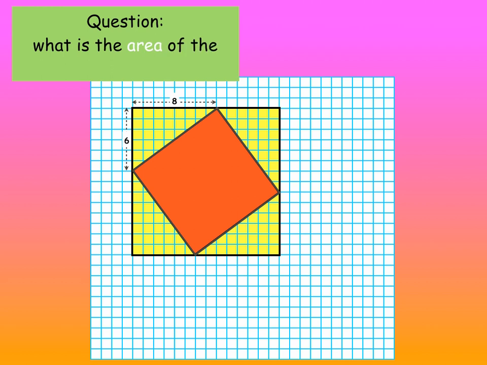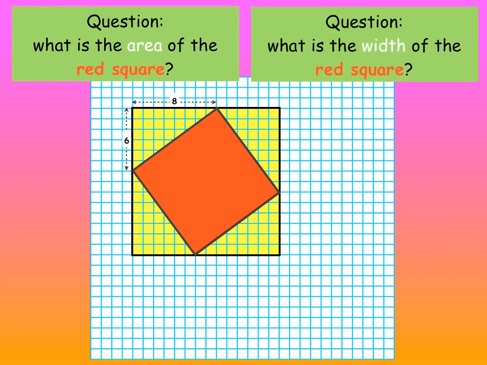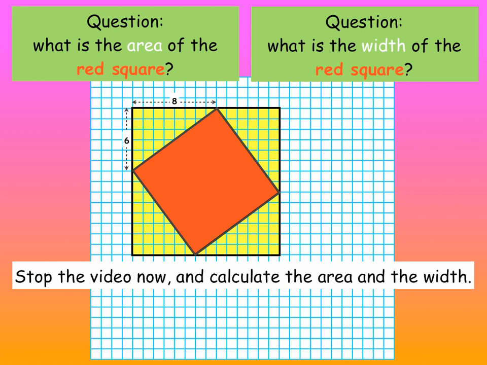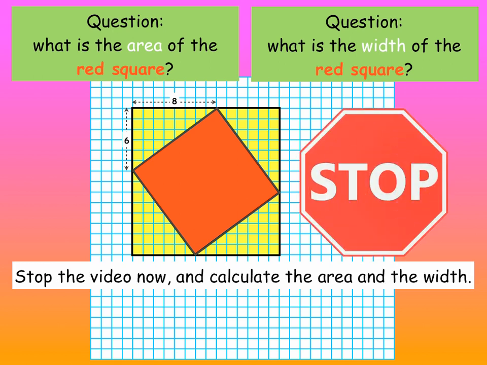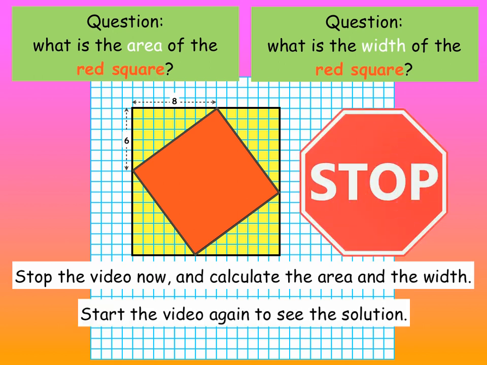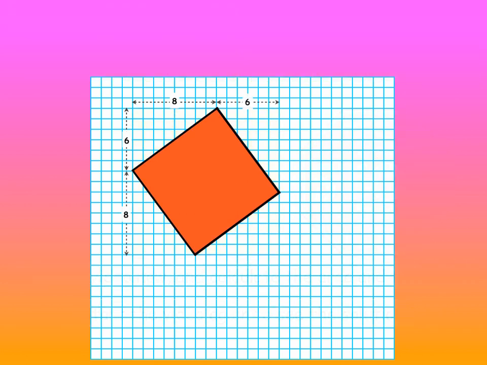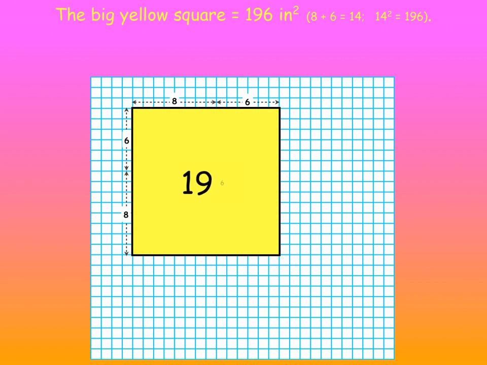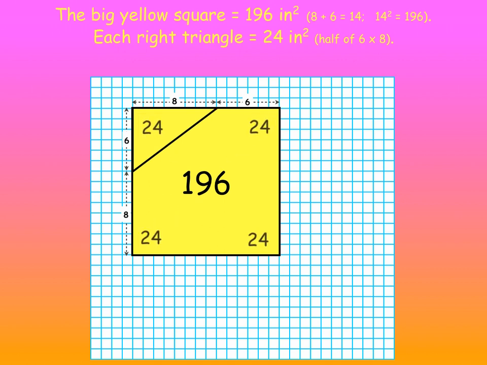And what is the area of the red square? And what is the width of the red square? Stop the video now and calculate. Here's the solution. The big yellow square has 196 square inches. Each right triangle is 24 square inches.